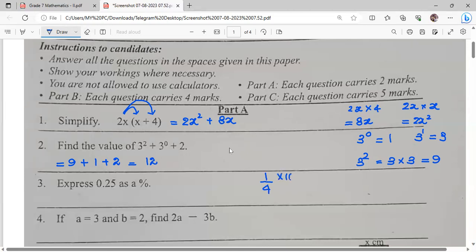You want to multiply this by 100, right? If you have 2 over 5, how do you convert this into a percentage? You multiply this by 100. Let's say you have 3 over 8. You multiply this by 100. Any fraction, when you want to convert it into a percentage, you just multiply it by 100.